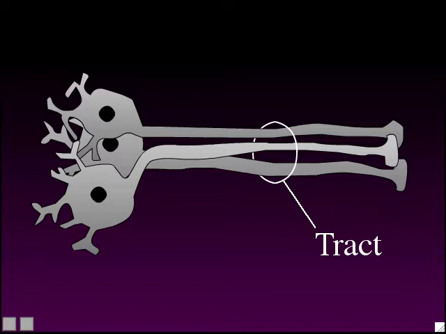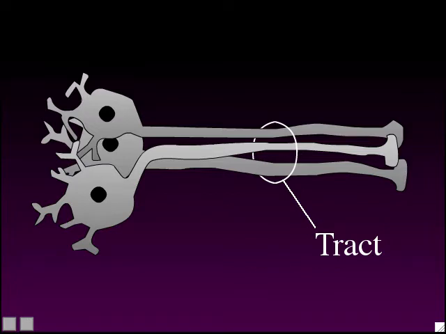If you look at the lecture handout, it says a tract is a bundle of axons in the nervous system. Now, it really should have said a bundle of the entire neurons, but since most of the tract is made up of the axons, we can say that a tract is a bundle of axons in the central nervous system.